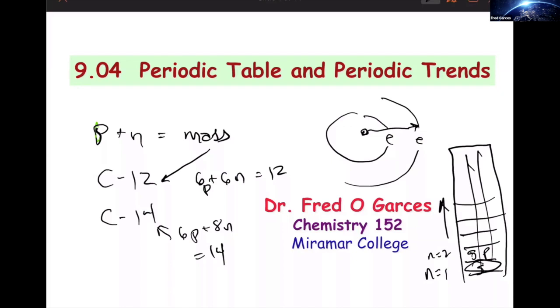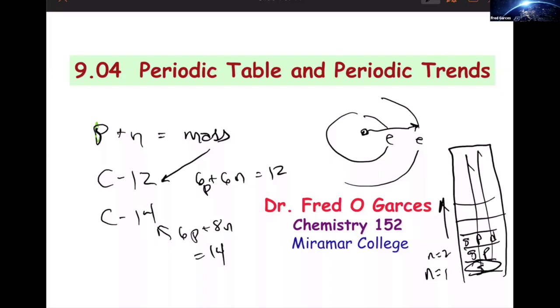And then on the third floor, you might have an S, a P, and a D. You have a suite, a penthouse, and say dormitories. And the dormitories have 5 types of bedrooms, and these bedrooms are labeled DXY, DXZ, DYZ, DX squared minus Y squared, and DZ squared.